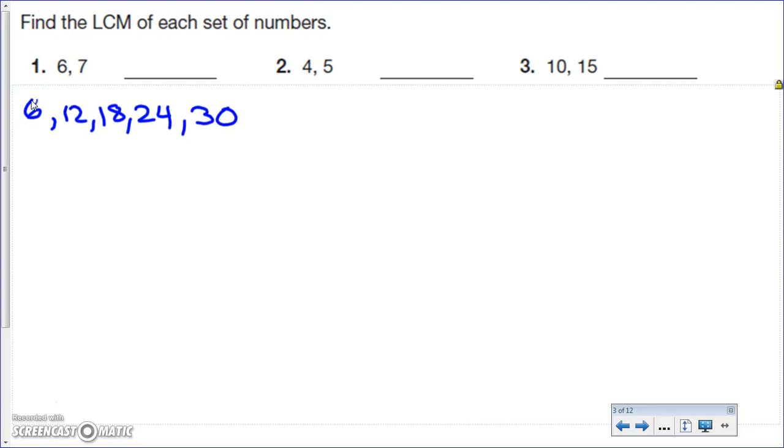Next, we're going to list 5 multiples for 7 right below it. So far we can tell that we don't have a number that matches up, so we're going to take each one of them 3 more multiples to see if that helps.